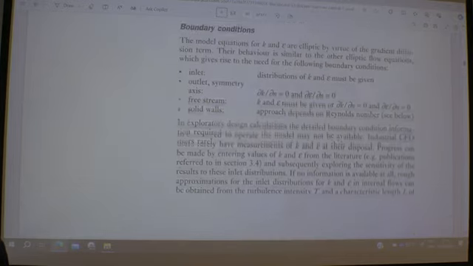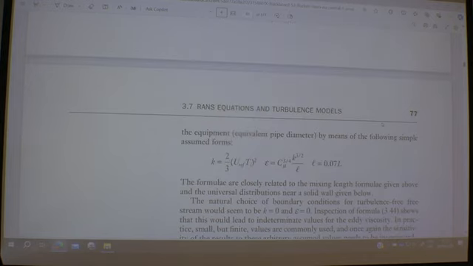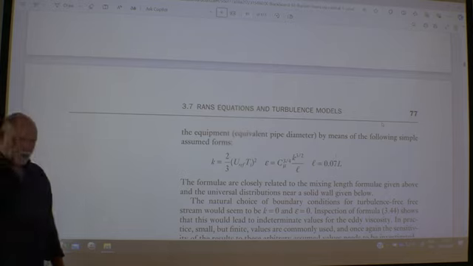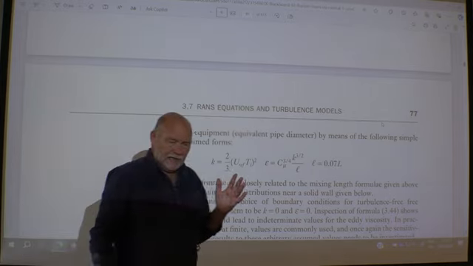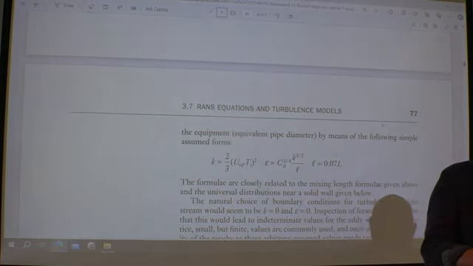Boundary conditions, that is a big question. We haven't started looking into that. That is very tricky indeed. Now, say for instance, if you have an inlet, you have to specify the turbulent values for the inlet.